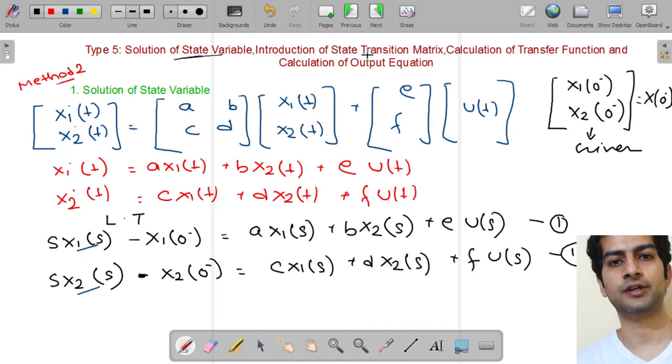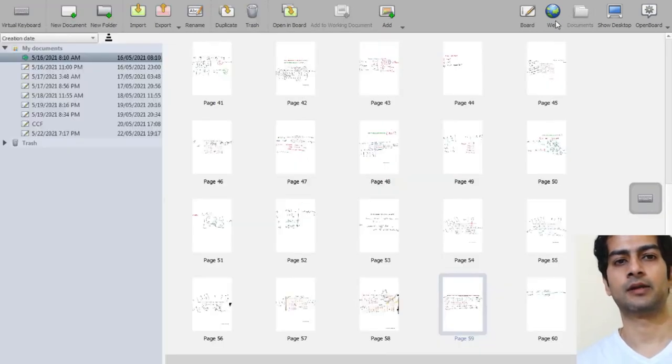We have covered this STM part. Now we will look into the solution of transfer function, and before that we will look into the calculation of output. It is not the output equation, it will be the calculation of output. So let's see.